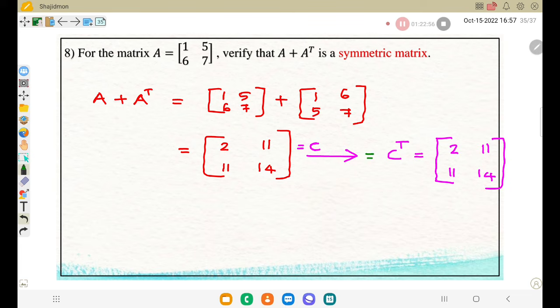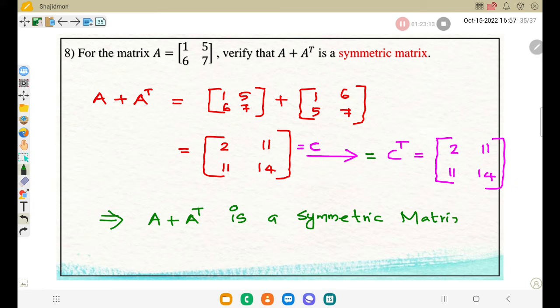Same, correct? Both are the same. That means A plus A transpose, that is the C matrix, is a symmetric matrix. Hope you understood this question. Just calculate A plus A transpose, then check whether it is symmetric or not. Rotate that matrix, getting the same or not. That is the question.